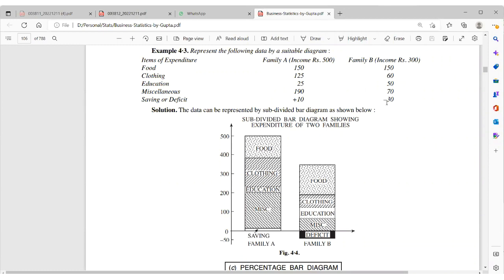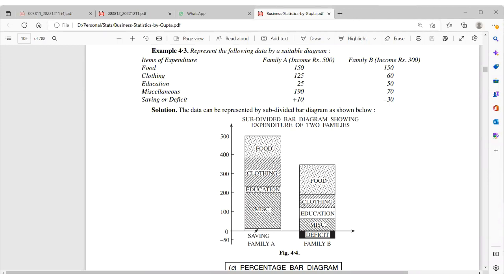Similarly, for family B, deficit is 30. So this comes below this, right? Deficit 30. Then 70. So at 70, we make a line, right?